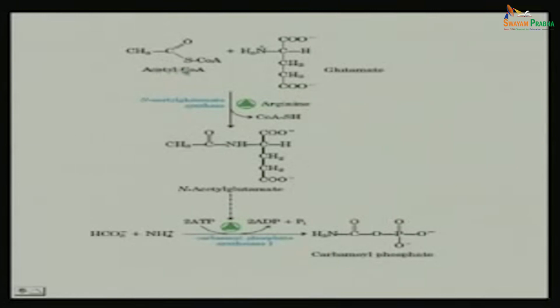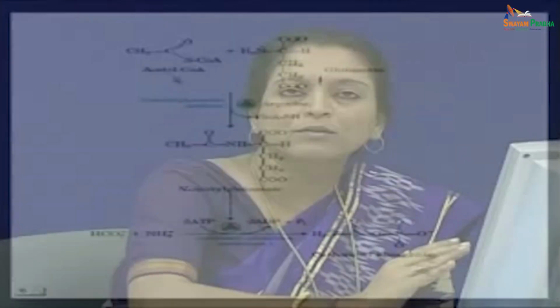If we see acetyl-CoA and glutamate, we can find that in the cell acetyl-CoA is produced from fatty acid oxidation and beta oxidation.